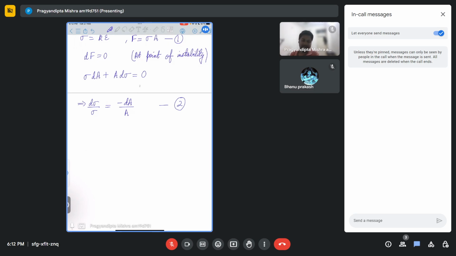Now another thing that we can write is change in strain, d epsilon, is equal to dL by L. Right?